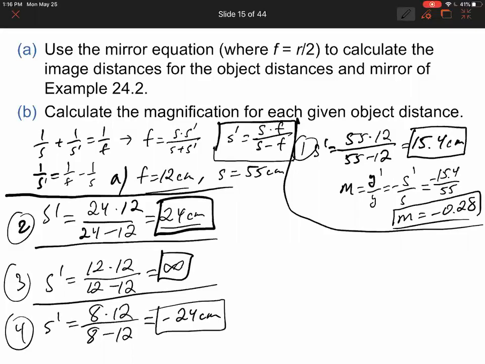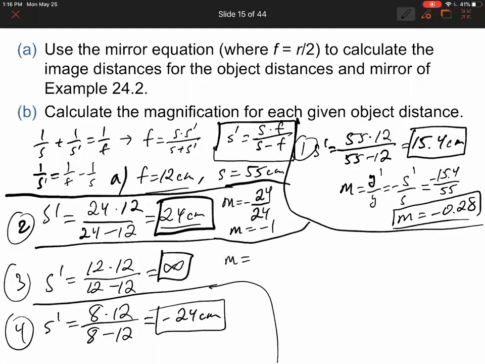Let's look at the second case. m is equal to negative 24 over 24, so the magnification is negative 1. What it means is that it's inverted, that's why it's negative, and 1 means that it's 1 to 1. Again, you can go back and look at it, that matches. How about the third one?